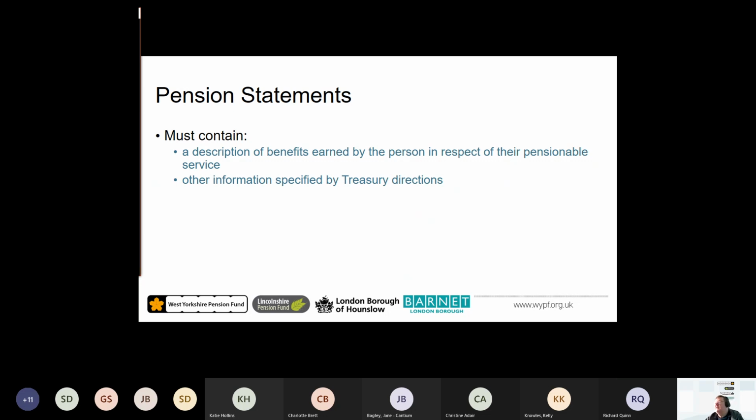So a pension statement must contain a description of the benefits earned by the person in respect of their pensionable service and other information specified by Treasury directions. Pension statements are not something that we choose to issue. They are something that we are required by law to issue for members.